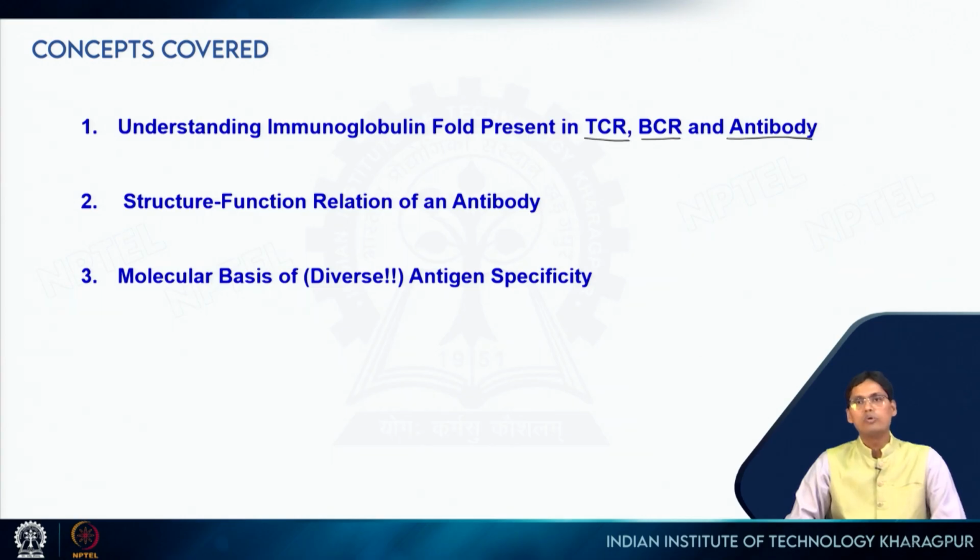As you already know, antibodies are very precise weapons of our adaptive immune system, and they specifically target specific pathogens, right? So I will discuss their structure-function relation, and finally the molecular basis of diverse antigen specificity. So let's start.